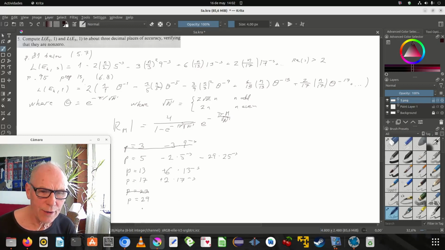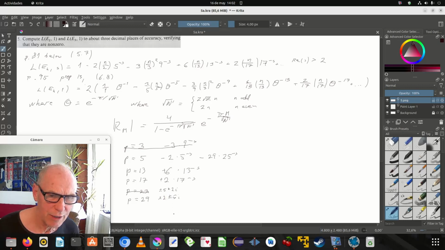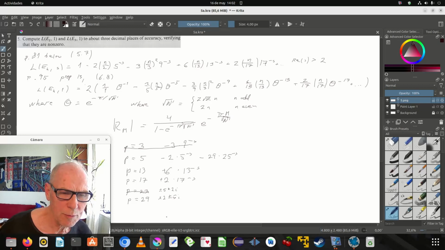And the square root is plus minus 5 plus minus 2i, and plus minus 2 plus minus 5i. There should only be 2 square roots, so what the hell?